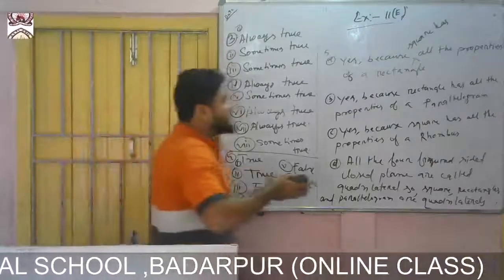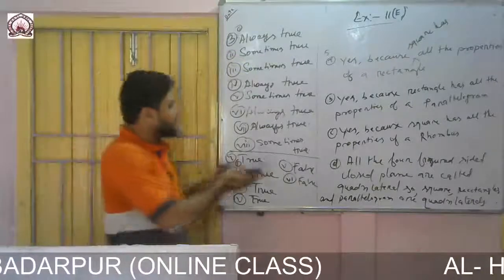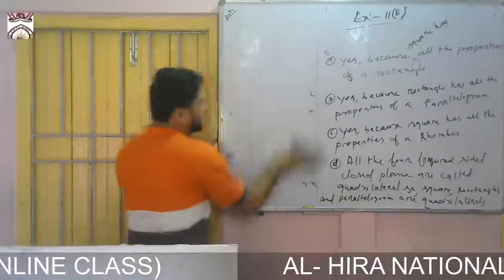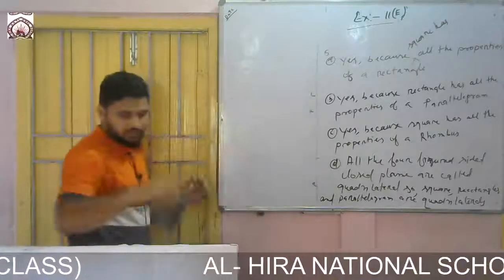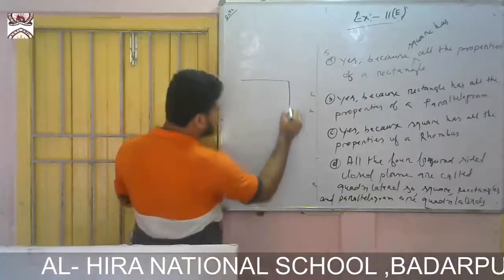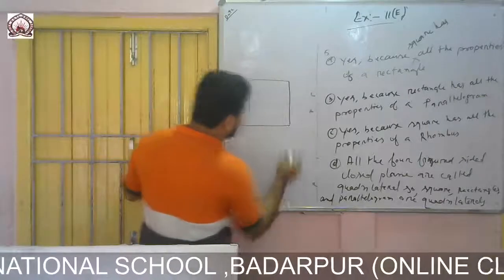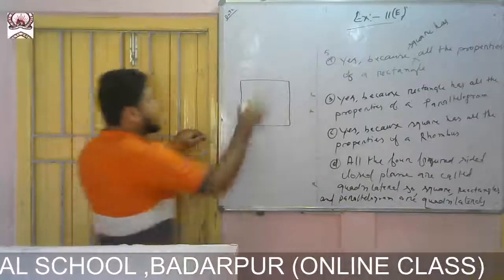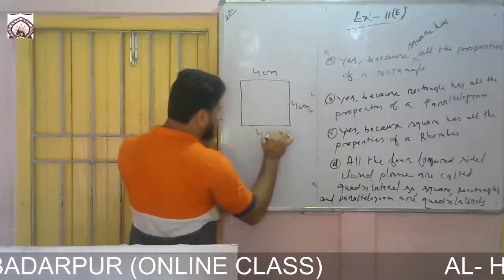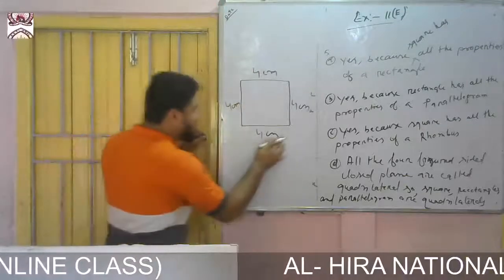If I draw a square, suppose it is of 4 centimeter on each side.